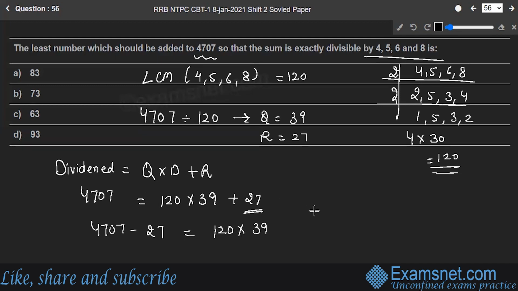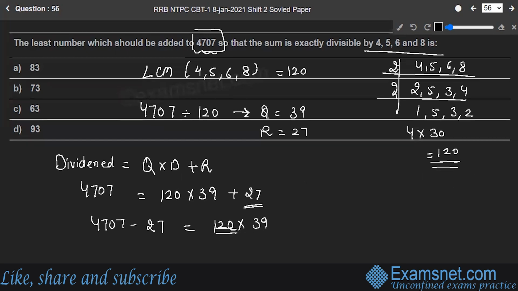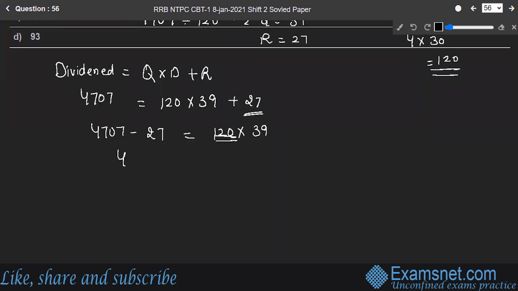But the problem is now that if I subtract 27 from 4,707, it will become a smaller number. But I want to add something to it. So what I will add on both sides is 120, that is, the quotient will be added. So 4,707 minus 27 plus 120 is equal to 120 into 39 plus 120.